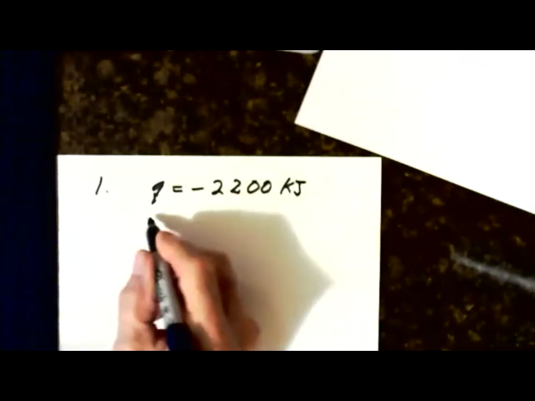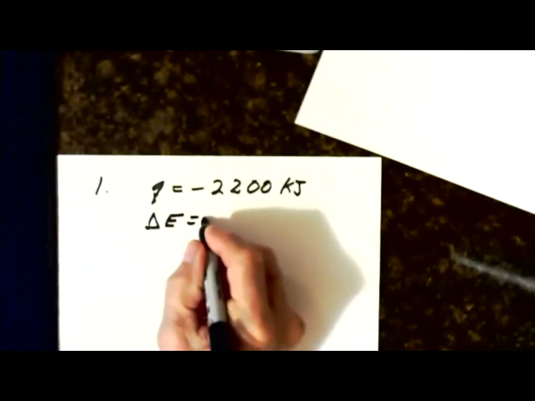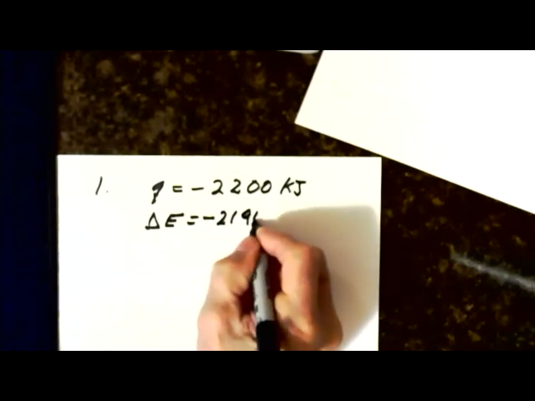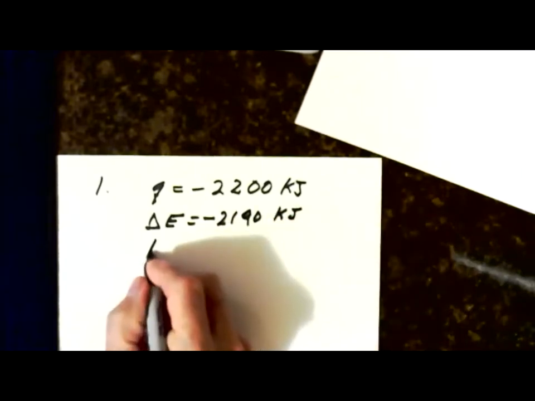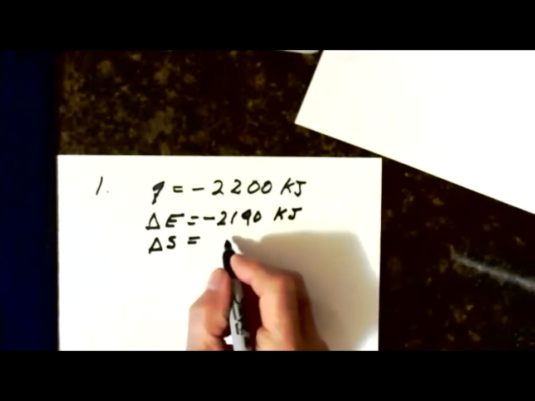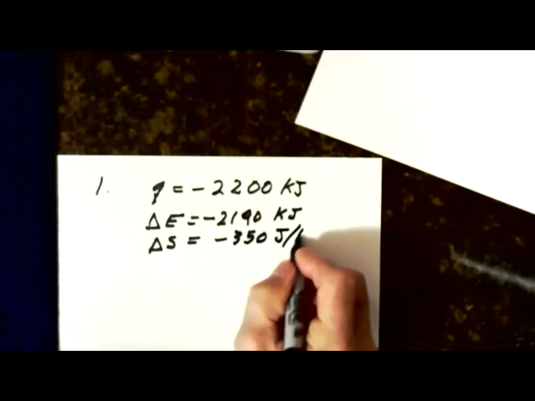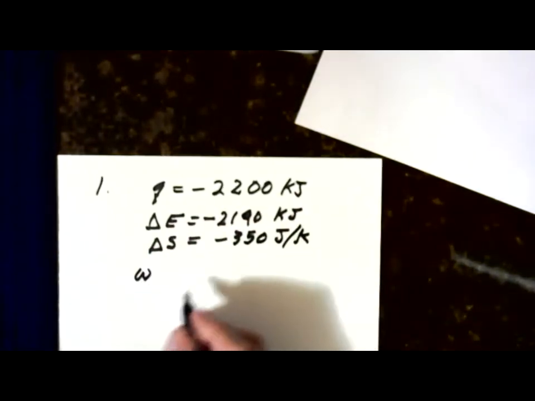We know that delta E is equal to minus 2190 kilojoules, and delta S is equal to minus 350 joules per Kelvin. All right, so these are the data we have for the problem, and we want to know the work.